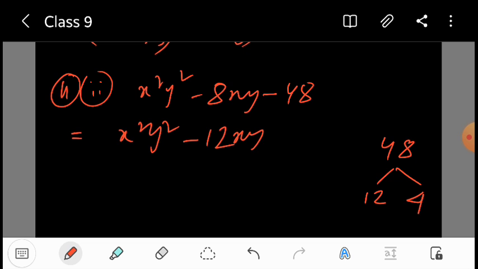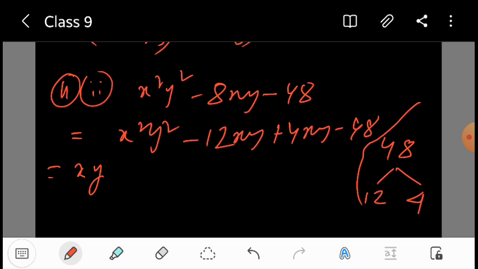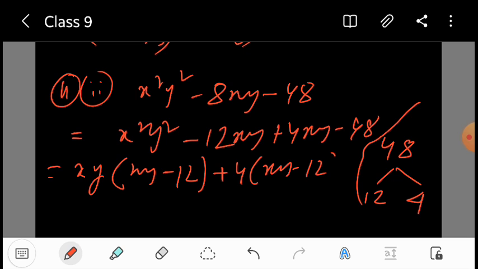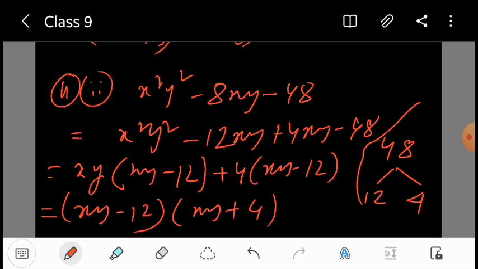So x square y square minus 12xy plus 4xy minus 48. We can write this one like this. Now if we take xy common, that is xy minus 12, and again if I take 4 as common, that is nothing but xy minus 12. So we will have xy minus 12 and xy plus 4. Hence the result.